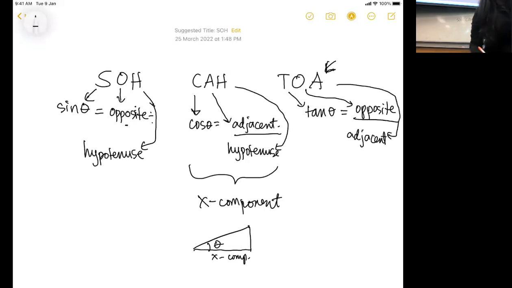The assumption is that to find the angle, you should know the two sides, the opposite and adjacent sides. So that's the mnemonic, SOHCAHTOA. I think it was in my slides, but I didn't emphasize it because it is a lot of information all at once.